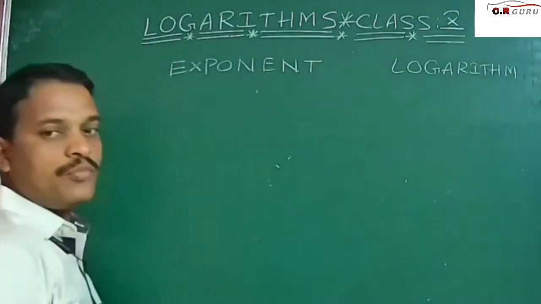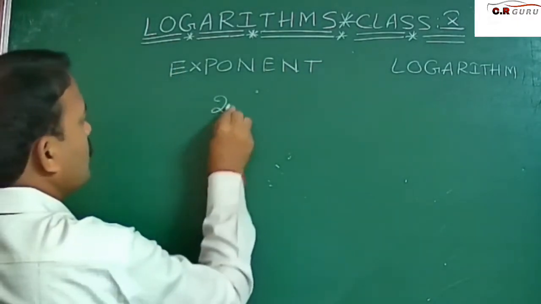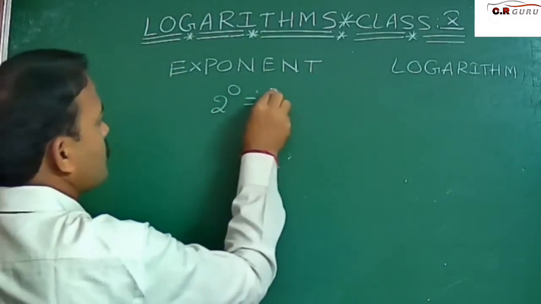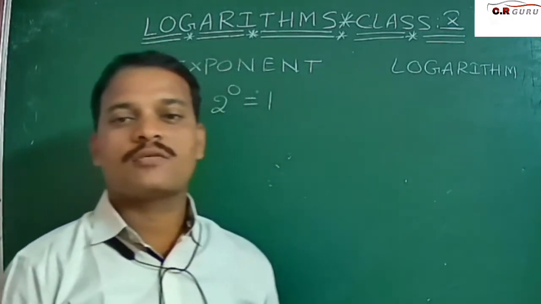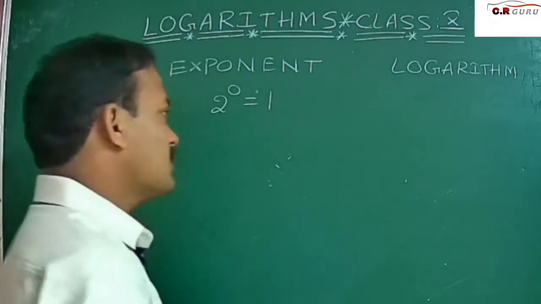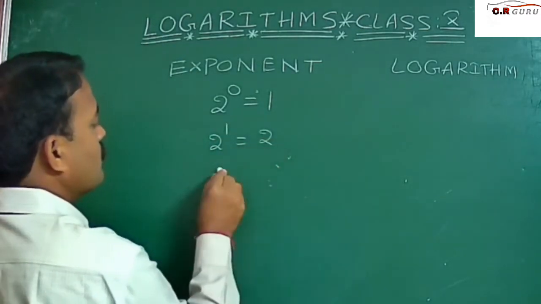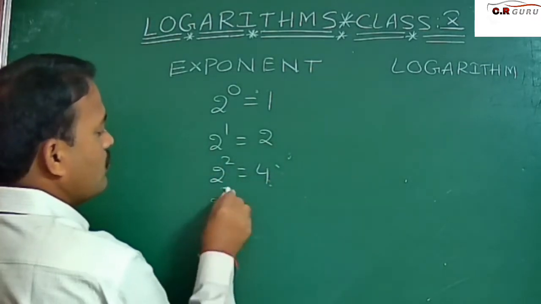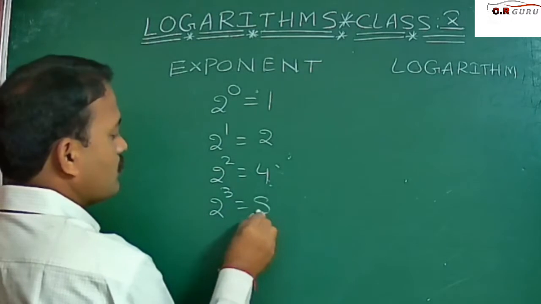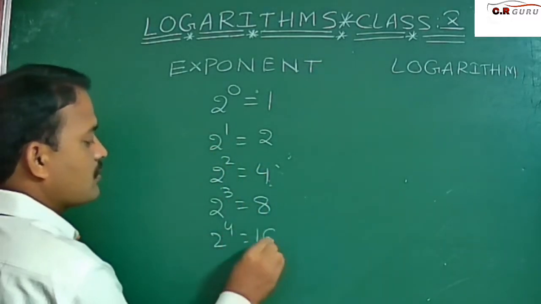Suppose, you already know very well 2 to the power of 0 is equal to 1. Anything to the power of 0 is equal to 1. Similarly, 2 to the power of 1 is equal to 2, 2 to the power of 2 is equal to 4, 2 to the power of 3 is equal to 8, and 2 to the power of 4 is equal to 16.